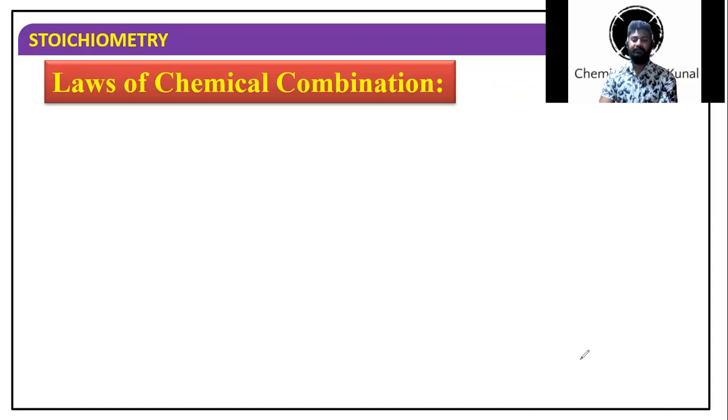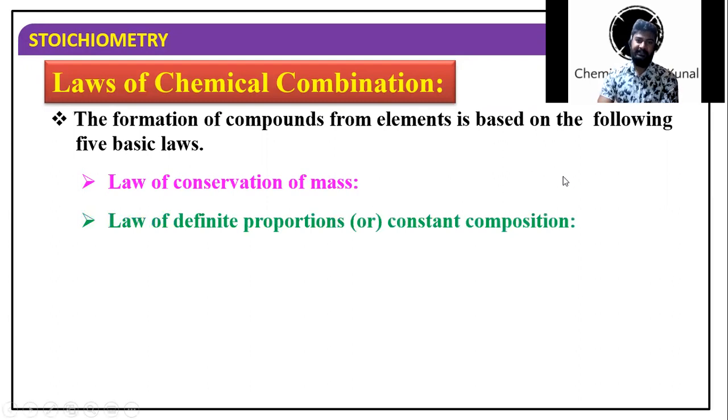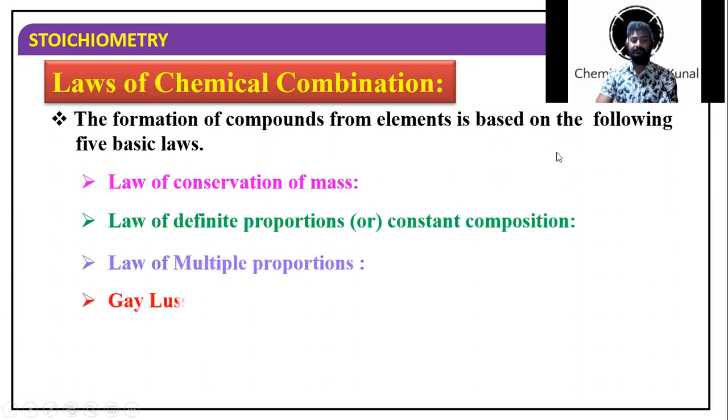So let's start with the laws of chemical combination. These are the laws that we'll be studying. First, the law of conservation of mass, which you might have studied in class 9th also. Then the law of definite proportion, which is also there in 9th. The next one is the law of multiple proportion. Then Gay-Lussac's law of gaseous volume, very important for questions involving gases.